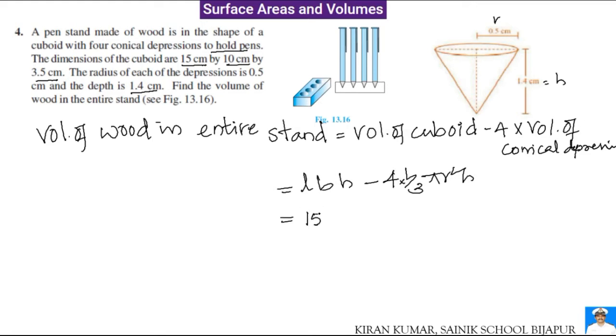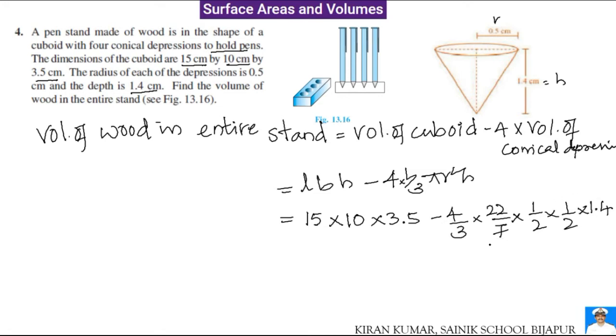Length is 15, breadth is 10, height is 3.5 minus 4 by 3 times the value of pi, I take as 22 by 7, multiplied to the radius, which is 0.5. I'll better write it as 1 by 2. Height is 1.4. This should be simplified.